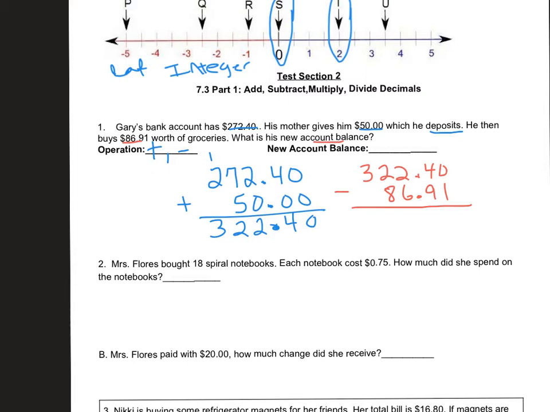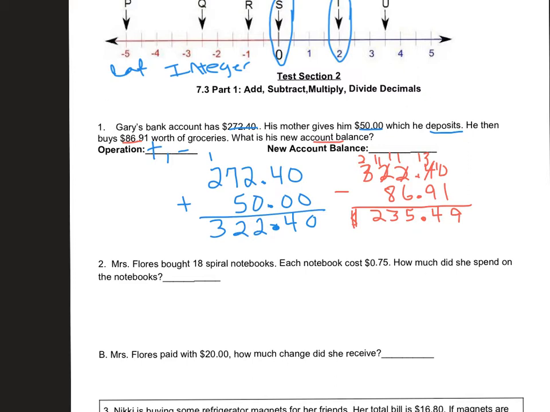So we're going to line them up, line up our decimals, bring that down, okay? I know I'm going to have to borrow here, and I'm going to have to borrow once again, right? So 13 take away 9 is 4, and I'm going to have to borrow once again here. 11 take away 6 is 5, and I'm going to have to borrow once again here. And therefore, how much does he have left in his account?